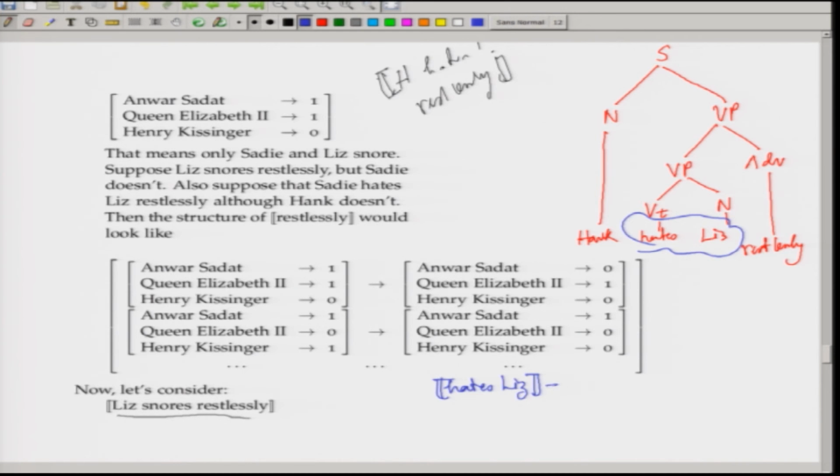hates Liz. What is hates? We take Liz, and hates, we know, is the function, and Liz is the argument. We carry Liz there to the previous page and calculate its value.